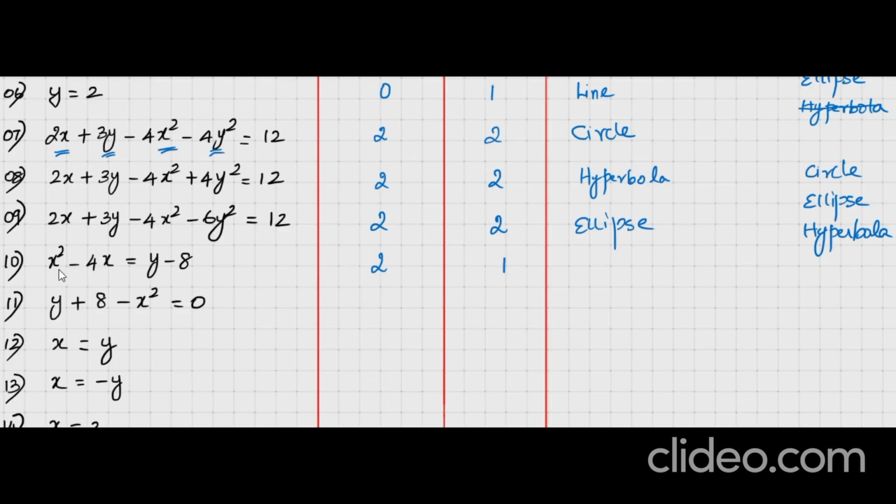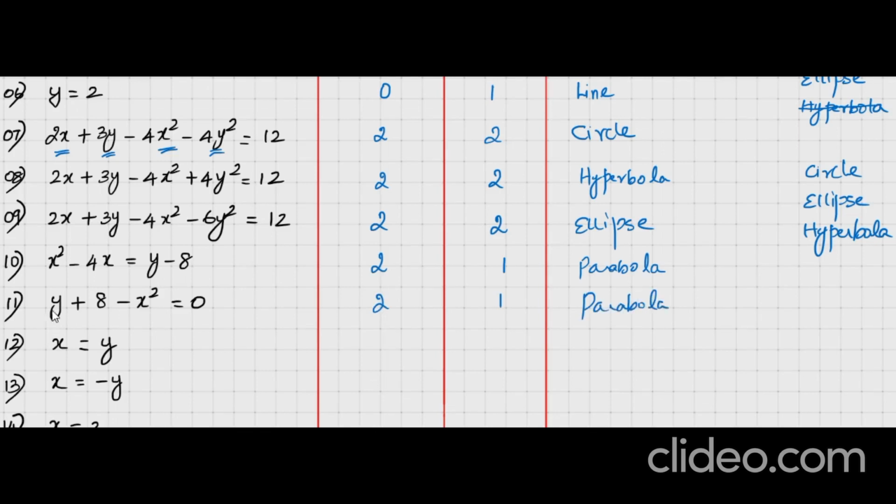So it represents a parabola. The next problem, here also the power of x is 2 and the power of y is 1. That is the maximum powers only we are telling. Again it represents a parabola.